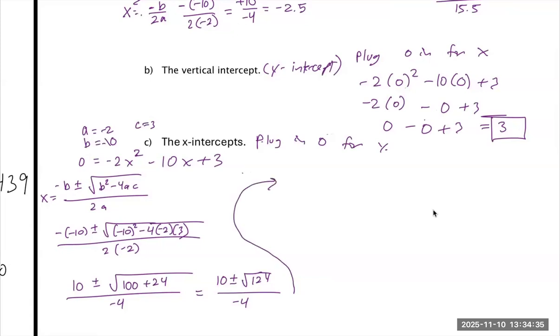I calculate what the square root of 124 is, and I got 11.13. I'll just say 11.14, just to be simple. So this is all equal to 10 plus or minus 11.14 all over -4.